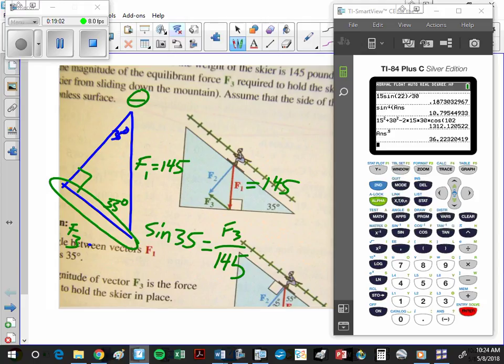We just multiply by 145 and we get 83 pounds. What does that mean? The rope has to have 83 pounds of force on it to keep the skier in place. That will prevent him from falling down the mountain. All right.